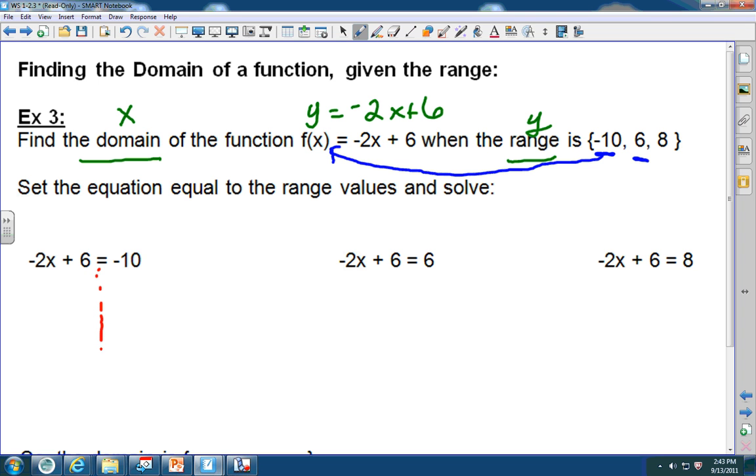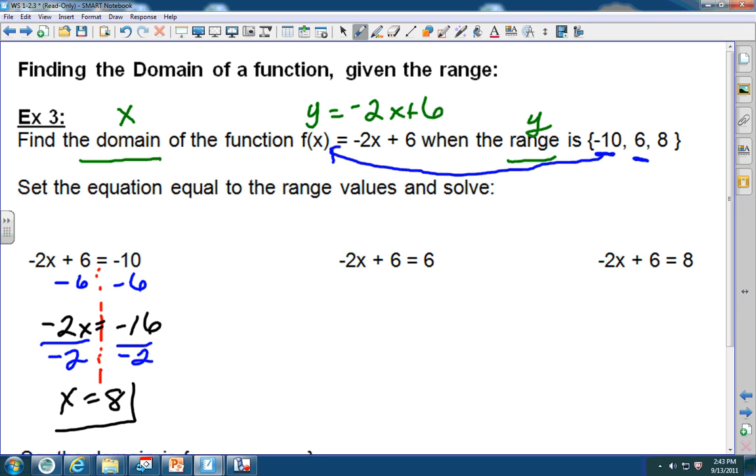All right, so now if I draw my dotted line, first thing I'm going to do is subtract 6 from each side. I get -2x equals -16. I'm going to divide by -2. X equals 8.